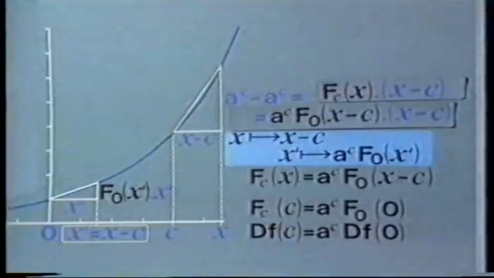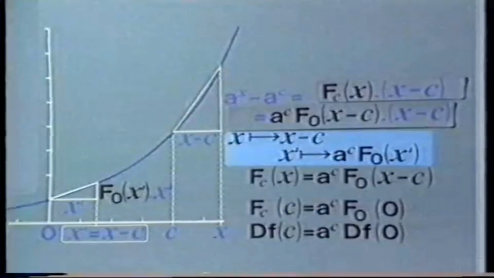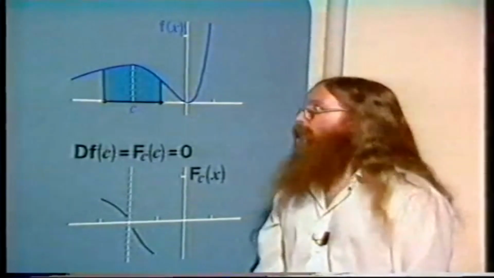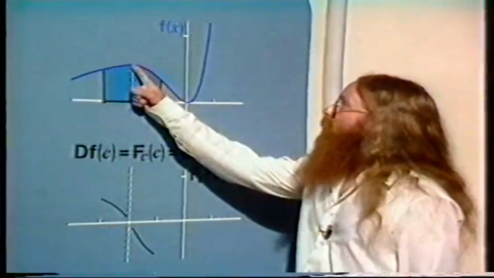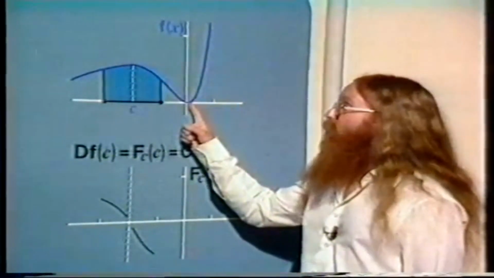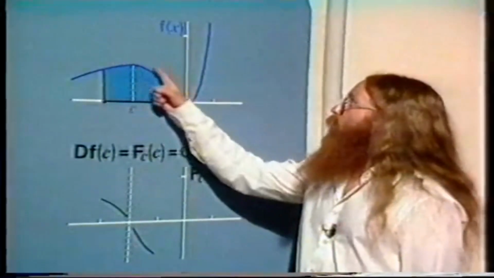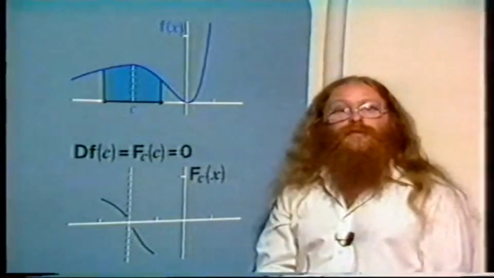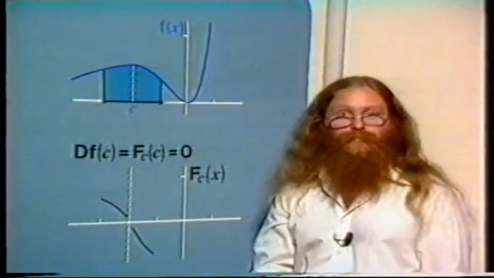And for the second, the exponential function a to the x, we used a geometrical argument to show that its derived function was just the function itself times the value of the derivative at 0. Finally, we looked at a more general result, the local extremum theorem. That tells us if a function has a local maximum or a local minimum and it's differentiable, then the derivative at these points is just 0. And again, the proof used the continuity of the chord slope function.